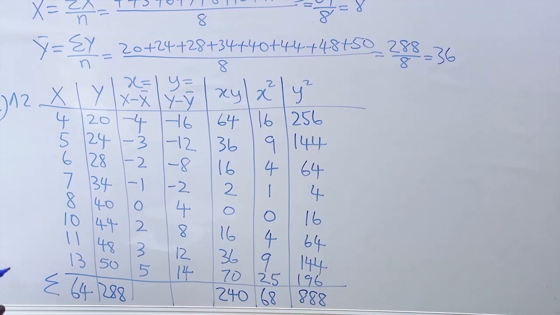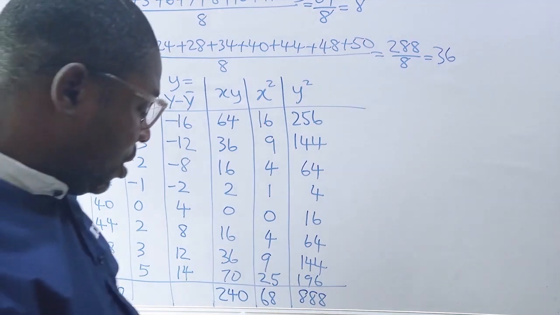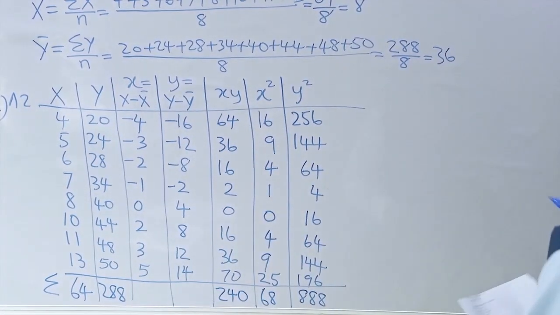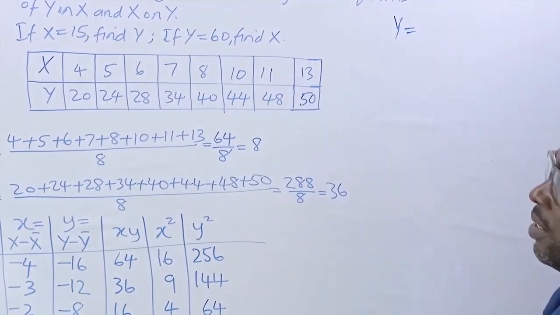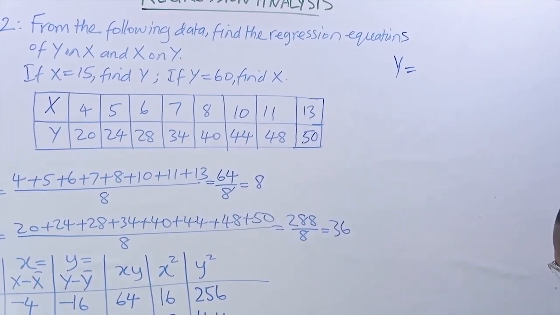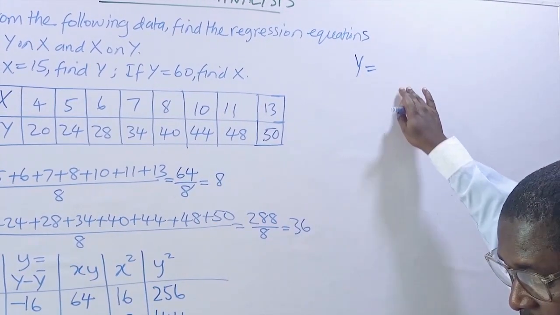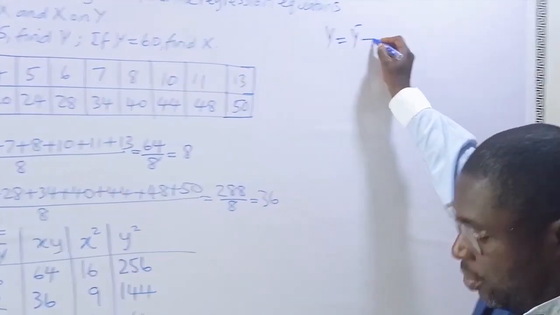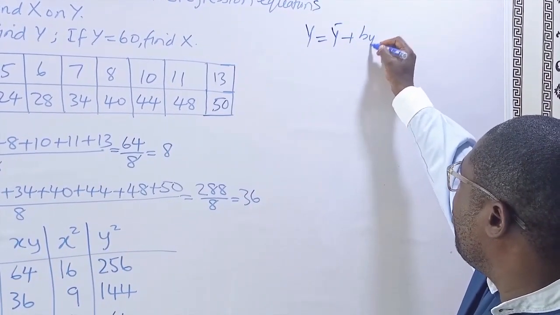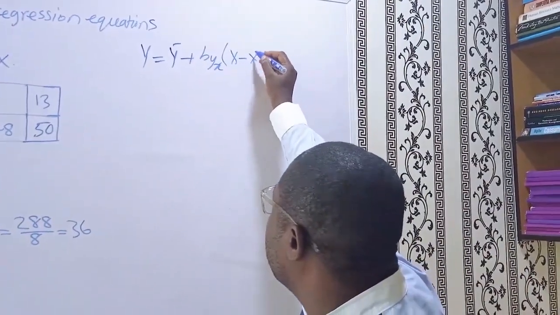Now it's time for us to use these values to determine our regression equation. The first thing we need to do is to find y based on x. The formula is y bar plus b, y based on x, into x minus x bar.